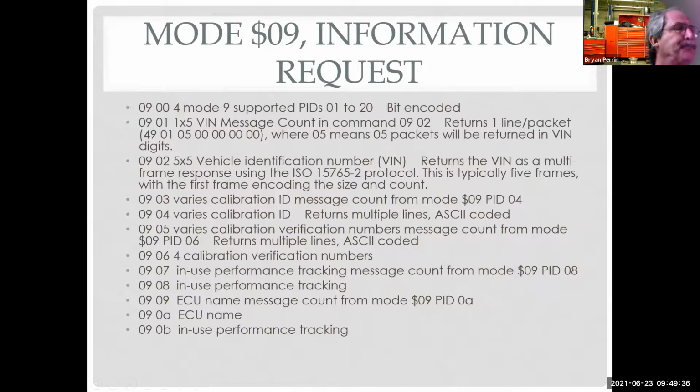Mode 9, and I have this, I'm not going to read through this whole thing, but these right here are our different TIDs in mode 9. So mode 9, TID 3, mode 9, TID 4, and so on. Not all these are currently supported or supported by all cars. There's a couple things in here that are really helpful that are supported.